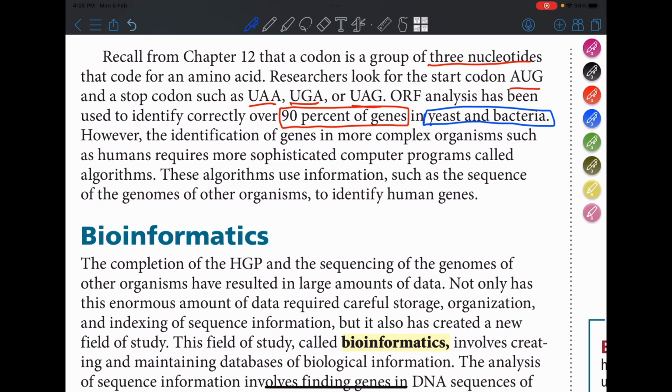These algorithms use information such as the sequence of the genome of other organisms to identify human genes. So identifying human genes is not an easy task. It's not as easy as identifying the genes for yeast and bacteria.